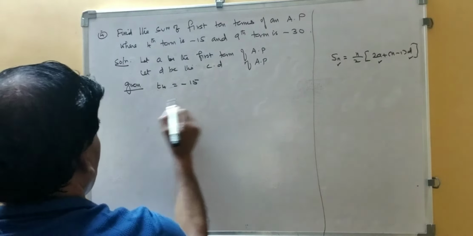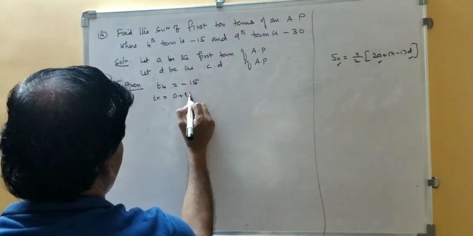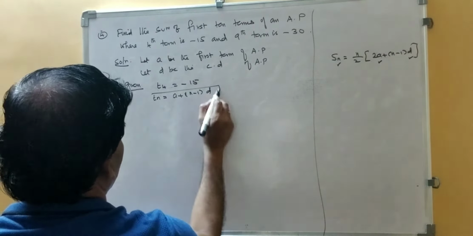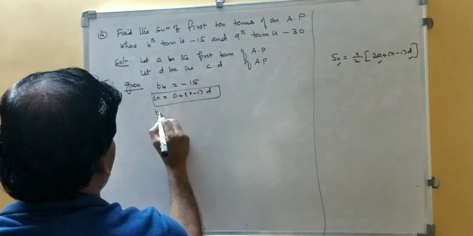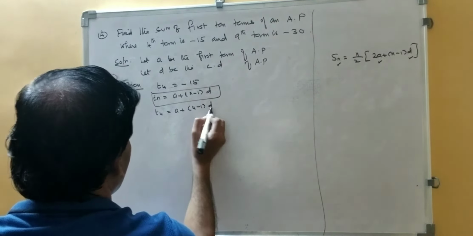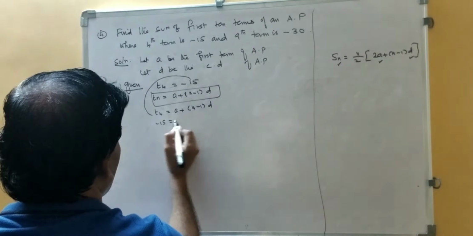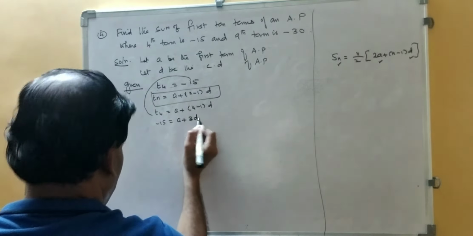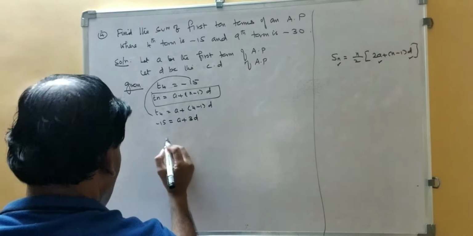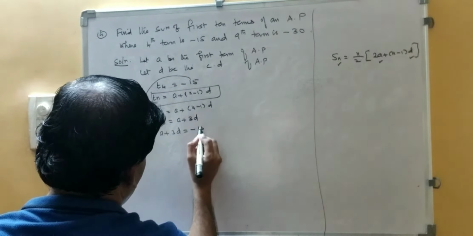So, what is the formula for T4? Tn equal to A plus n minus 1 into D. So, T4 equal to A plus 4 minus 1 into D. What is T4? Minus 15 equal to A plus 3D. That means A plus 3D equal to minus 15.